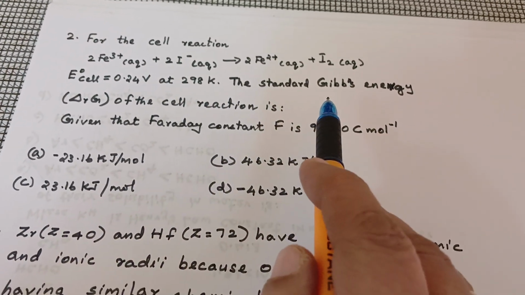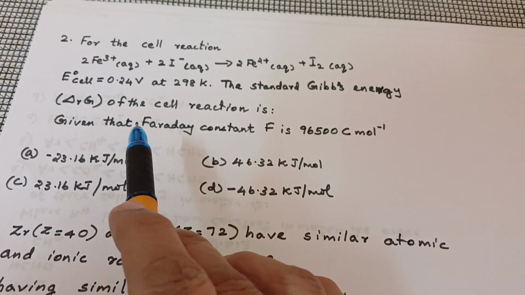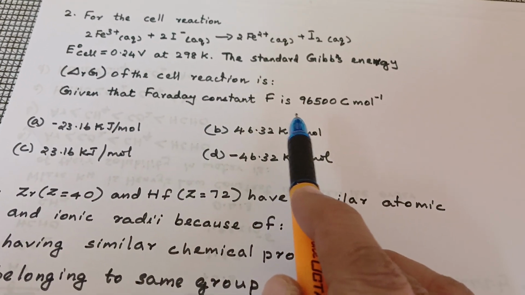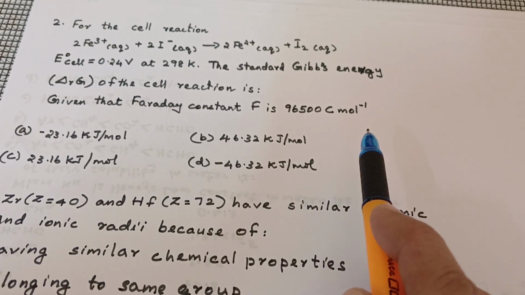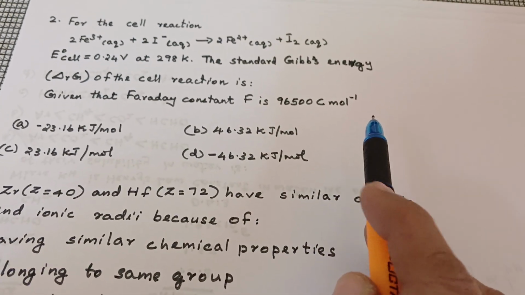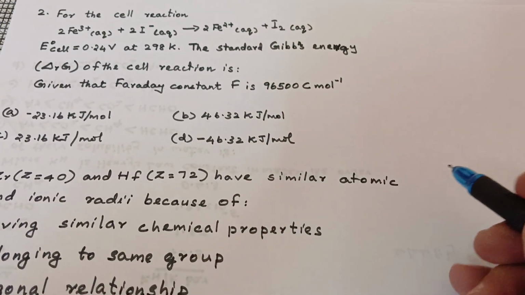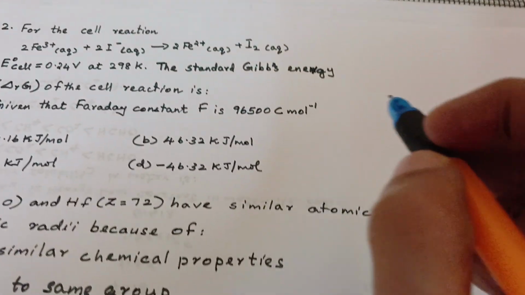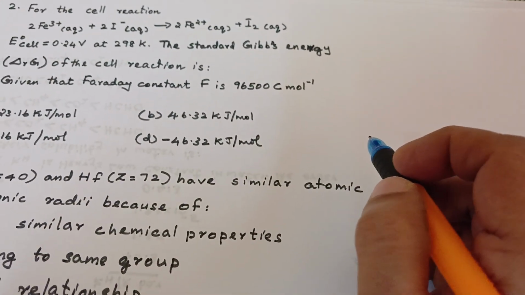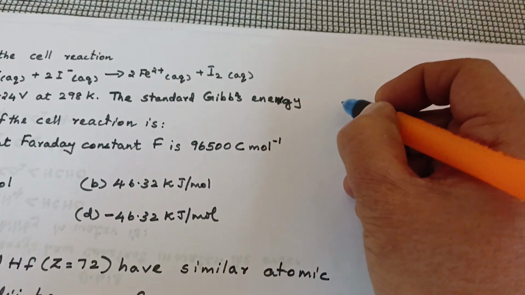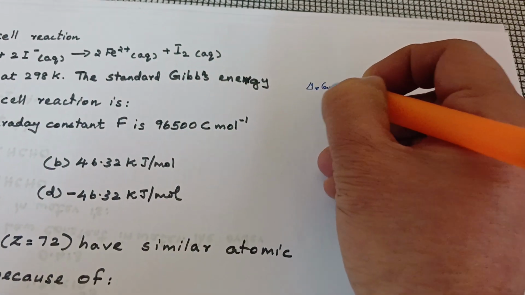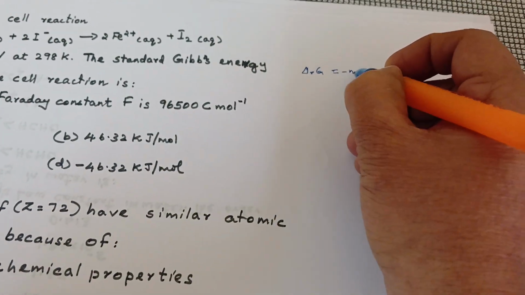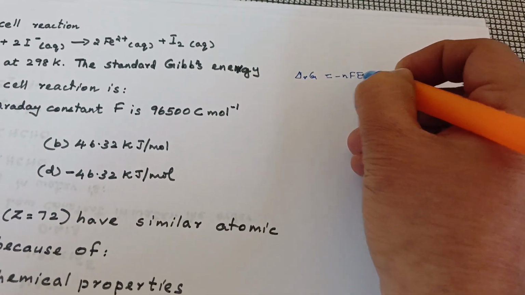The standard Gibbs energy delta rG of the cell is, given that Faraday constant F is equal to 96,500 coulomb per mole. So we have to find, what formula will we use? Delta rG is equal to the formula minus nFE0.